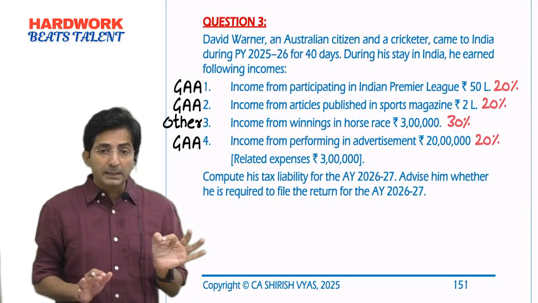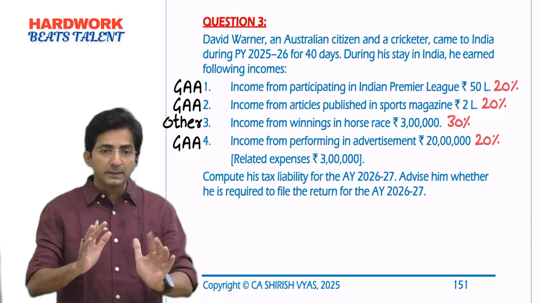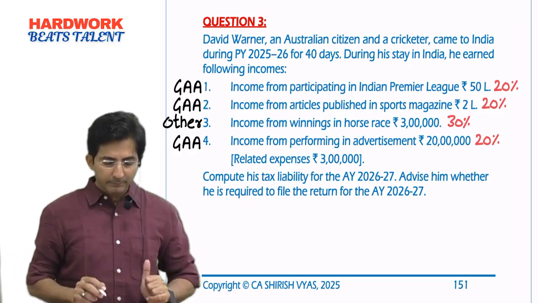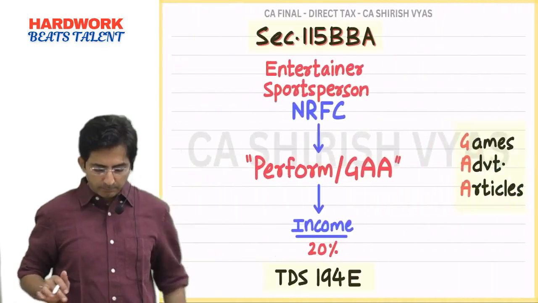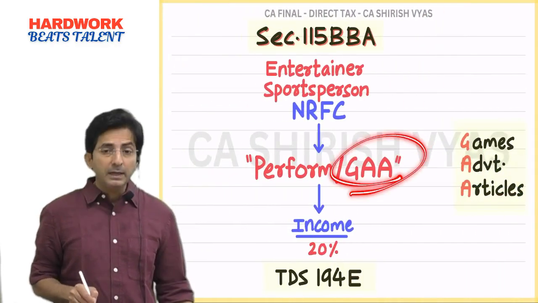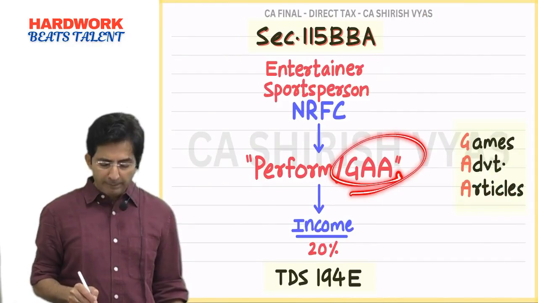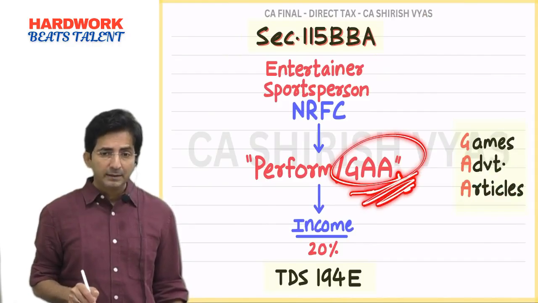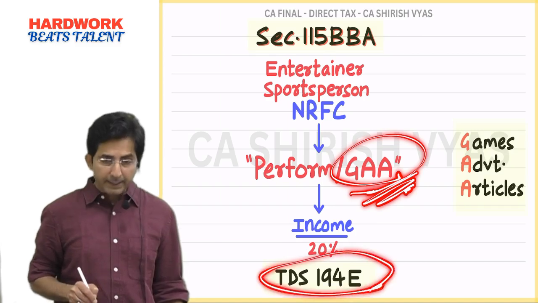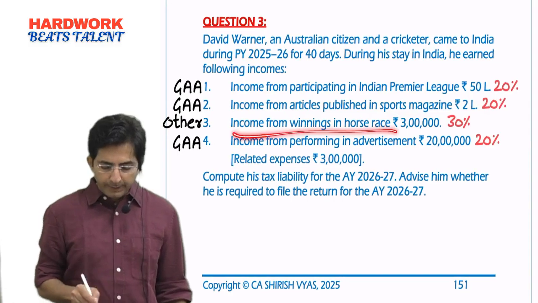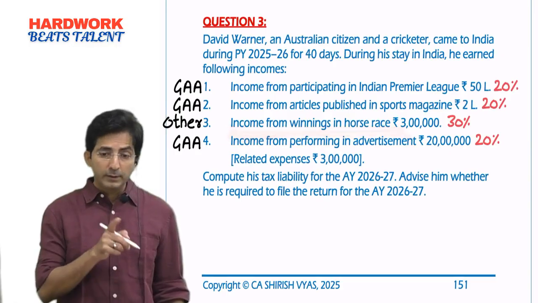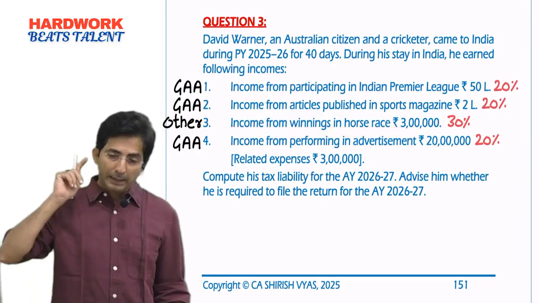Only if he has got special incomes which have a special rate, then return filing is not required. And for a sports person, special income is only GA. If he would have had only GA incomes in India, and TDS would have been deducted, then not required to file the return. But this guy has got winnings also, na, which is a general income. And once you have a general income, then you will have to file the return.